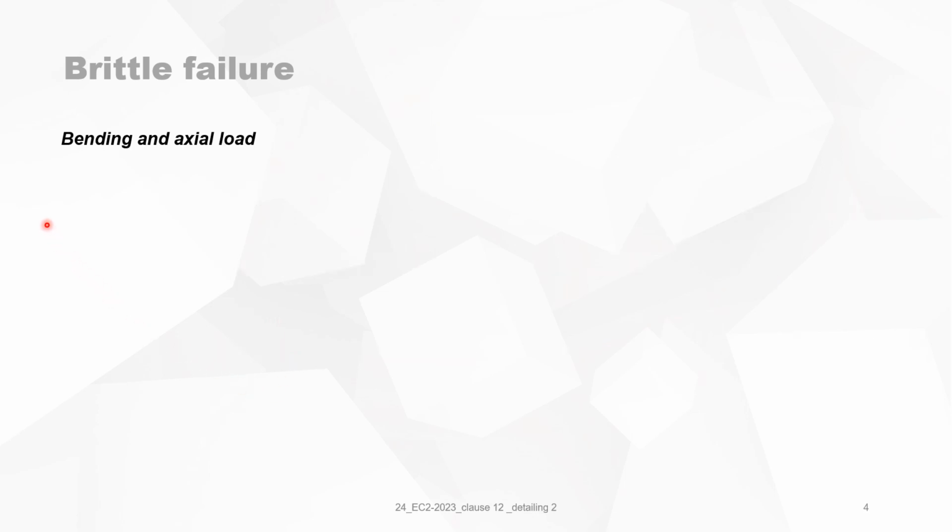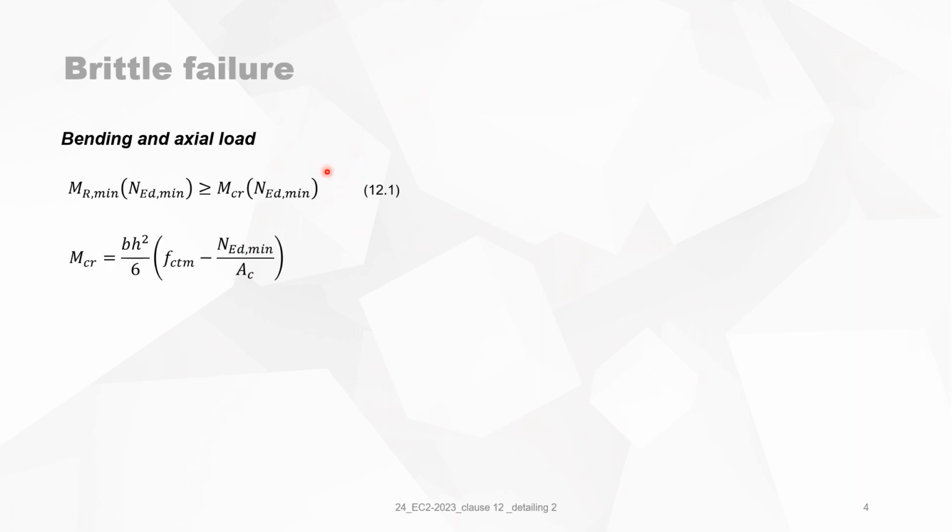We will now look at bending and axial load. This is formula 12.1 that we saw in the previous video. Now, remember that NEd is regarded as positive when it is tension, and negative when it is compression.